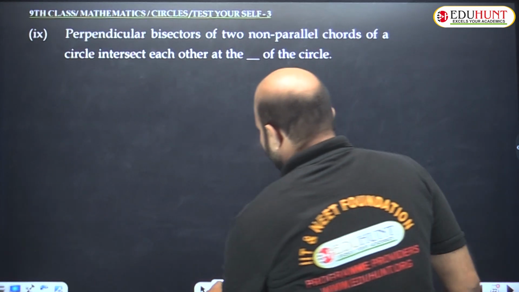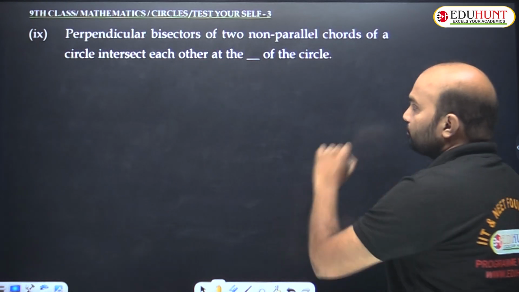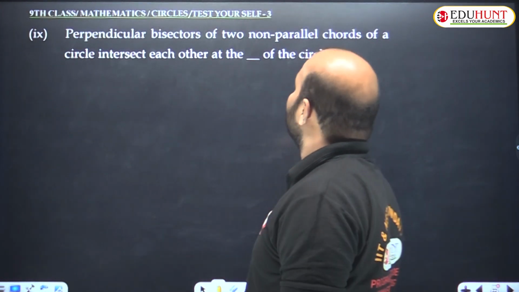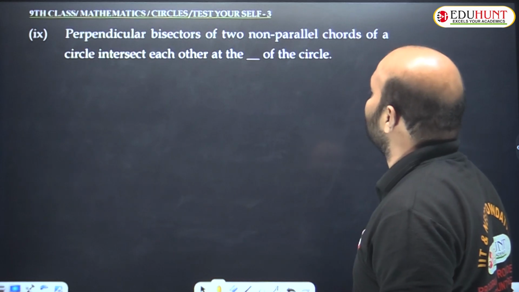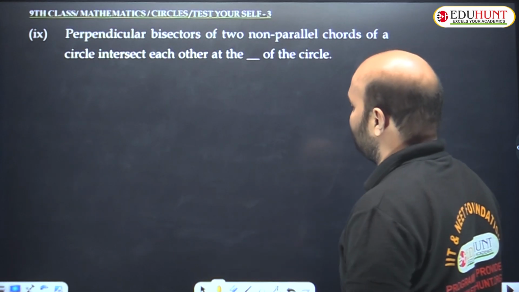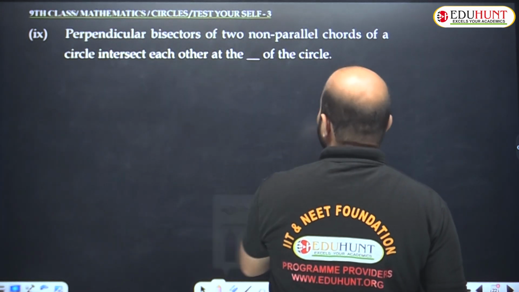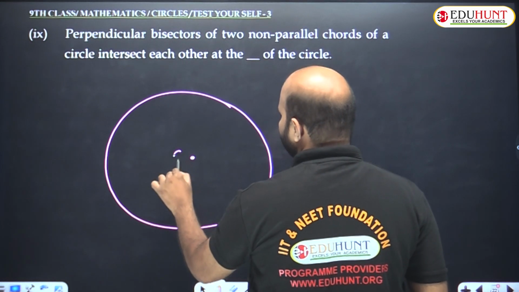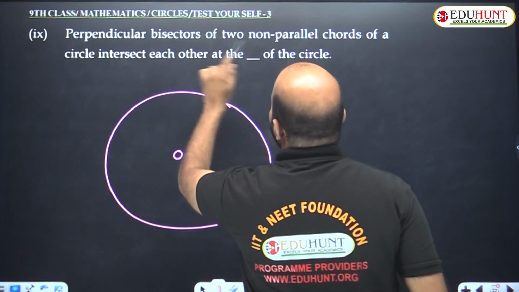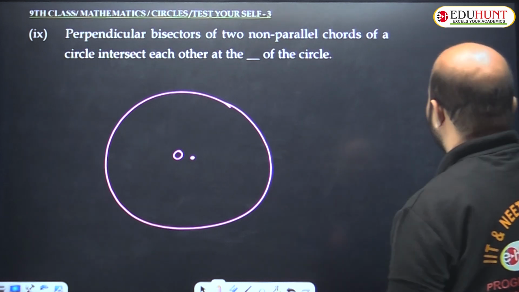So let's go to Roman number 9. Perpendicular bisectors of two non-parallel chords of a circle intersect each other at the dash of the circle. So what I am given? Let me take one circle. This is a circle, center is O. Perpendicular bisectors of two non-parallel chords.